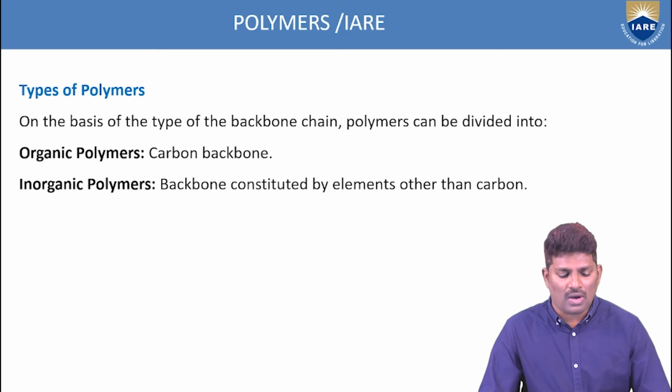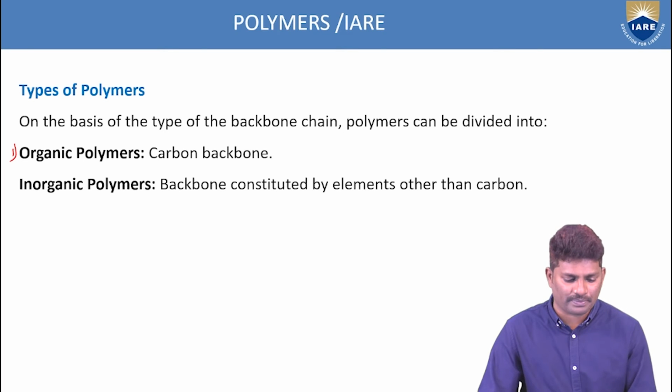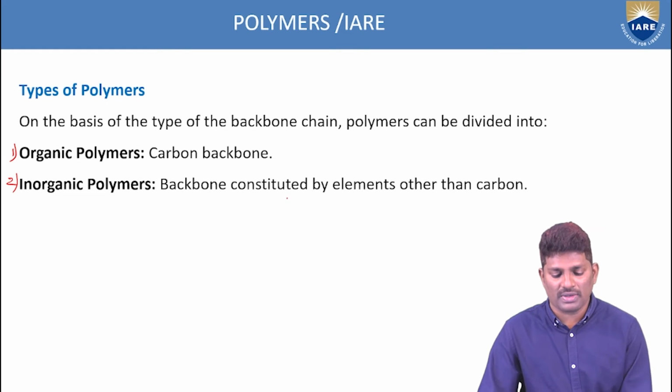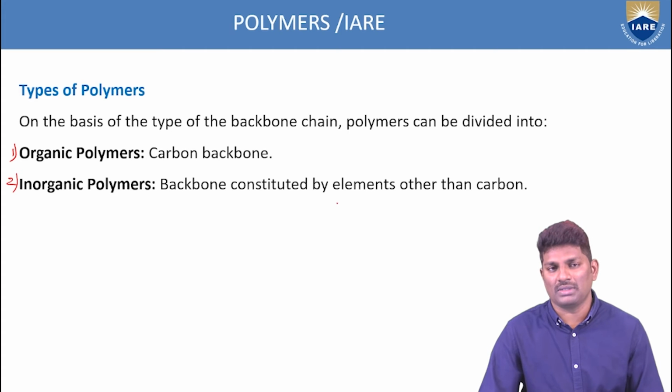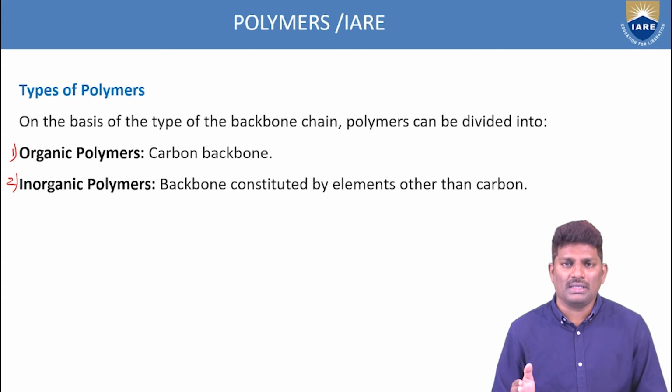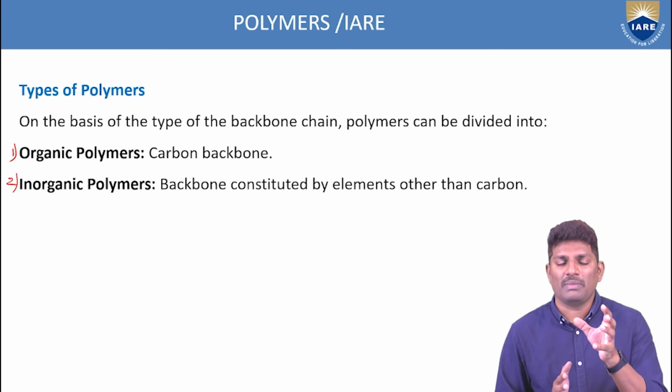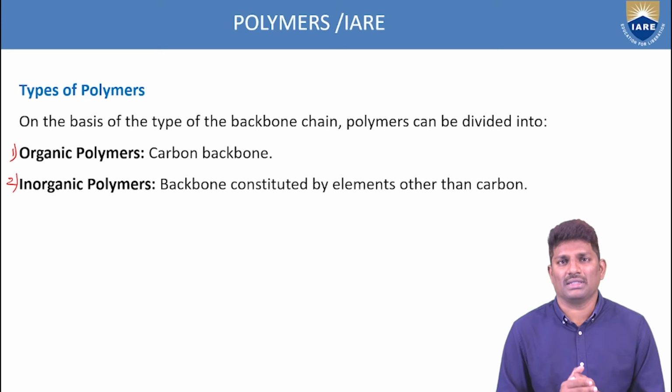The first category is organic polymers, in which carbon is the backbone. The second one is the inorganic backbone, meaning the backbone is constituted by elements other than carbon. In general the polymer has hydrogen and carbon as the elements, bonded with each other.